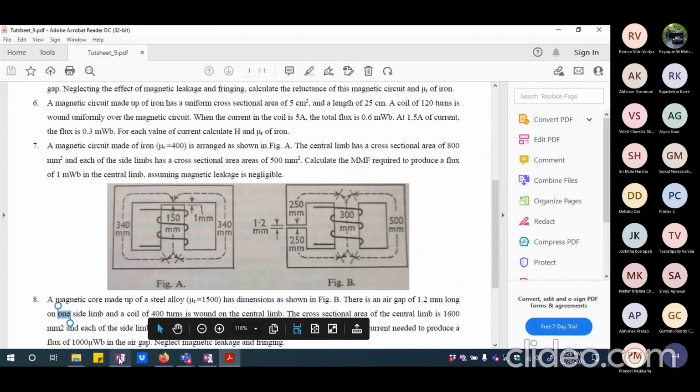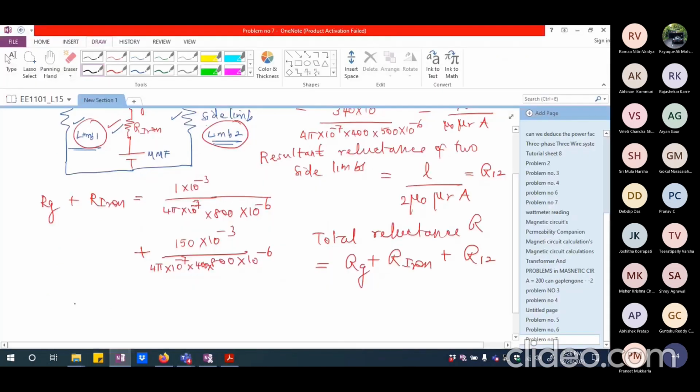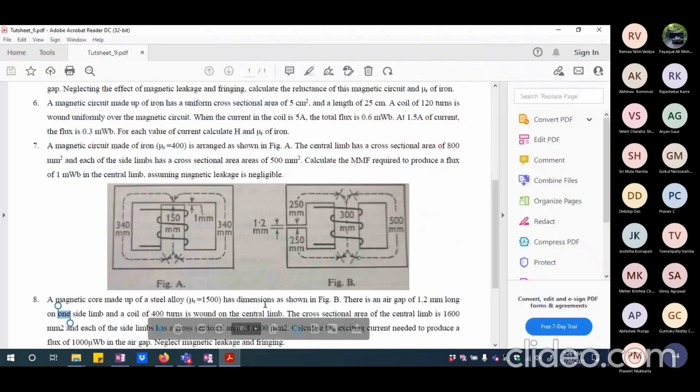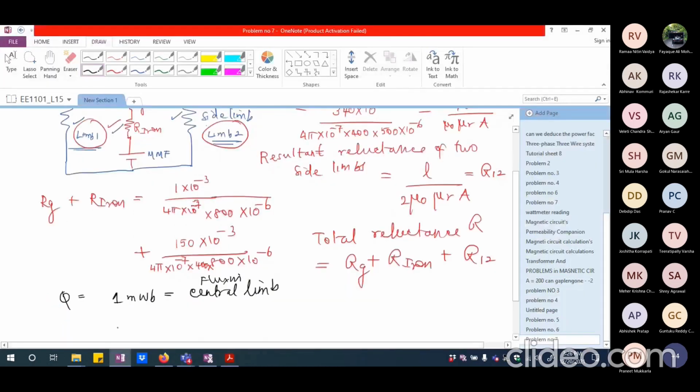So what is given is 1 milliweber is the flux, the flux produced in the central limb.